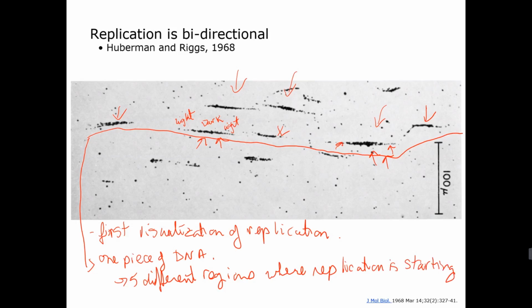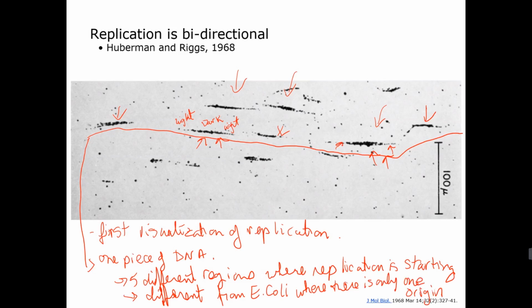And so this is obviously quite different than E. coli, because for the E. coli chromosome, there's only one replication origin, so it's different from E. coli, where there is only one origin of replication.